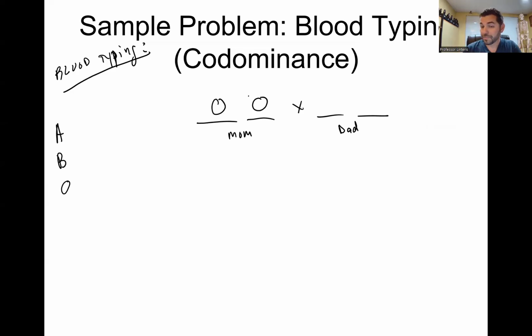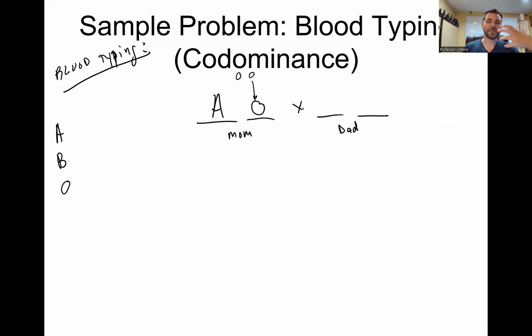If the mother was blood type A, it could be AA or it could be AO. So we would have to have some more information. Let's say her mother was O. She would have to be AO.